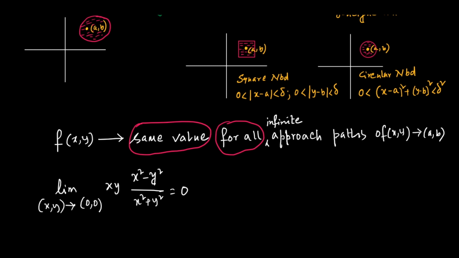The question is: prove that the limit as xy tends to 0,0 of xy times (x squared minus y squared) by (x squared plus y squared) is equal to 0. Let us suppose we have to solve this problem.